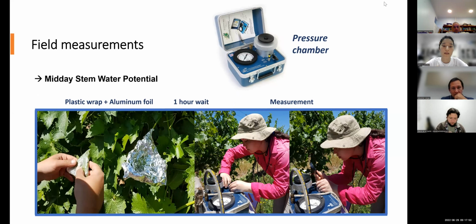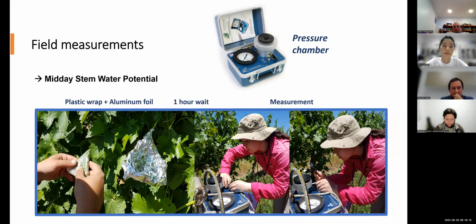So to carry out this, we used field measurements. First, we carried out midday stem water potential measurements that were made through the use of a pressure chamber, which is in the picture above. And the methodology, as I told you before, is very time consuming because it entails the covering of the leaf in plastic wrap and aluminum foil.